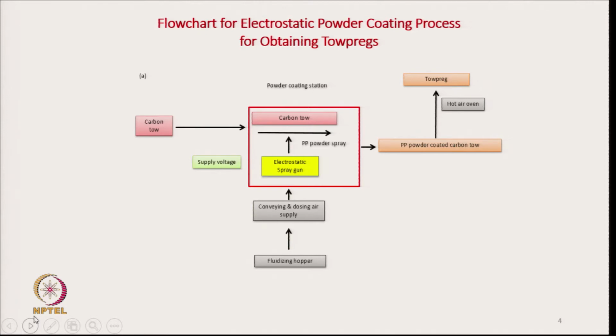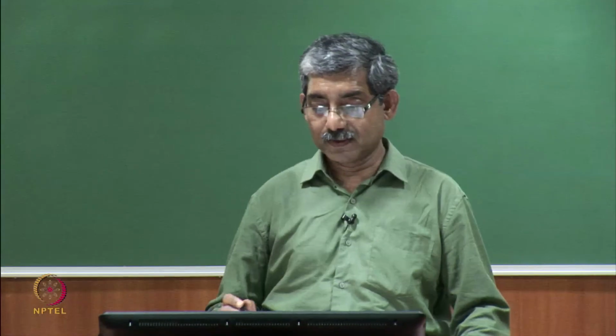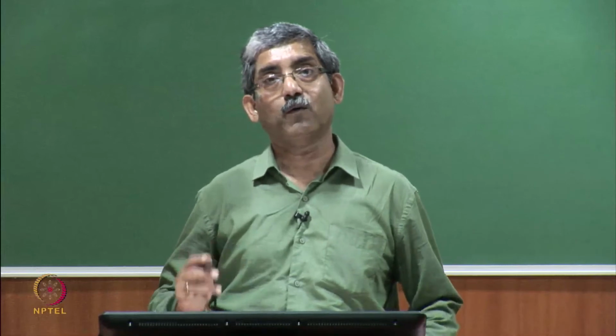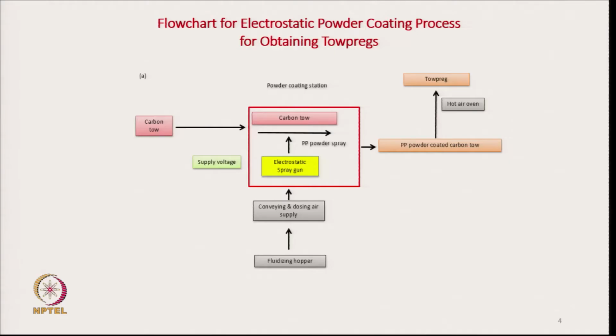So, once the polypropylene powder is coated, the fluidizing hopper generates a cloud of polypropylene powder, and this spray gun coats the carbon tow with the polypropylene powder, and immediately after that this PP powder coated carbon tow is passed through the hot air oven. So, let us see details.